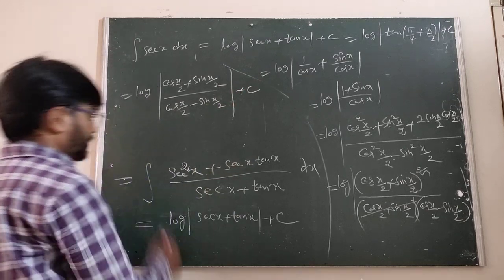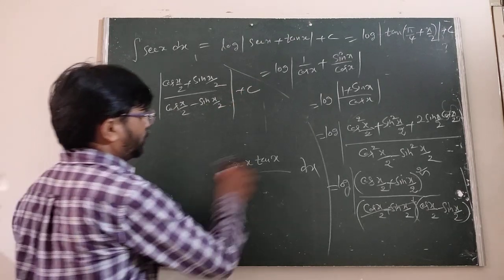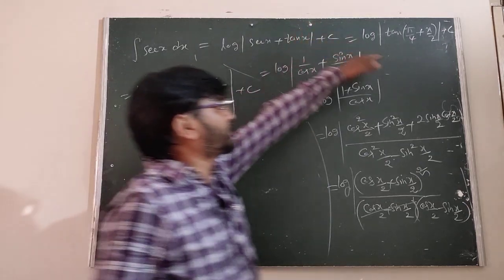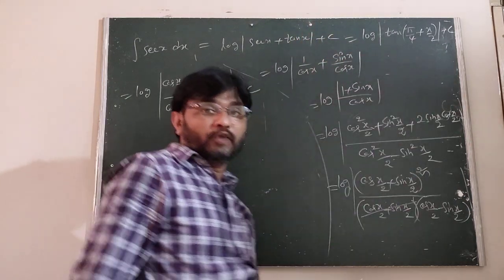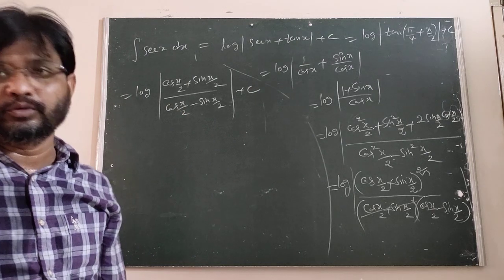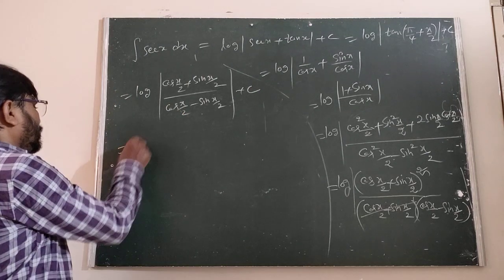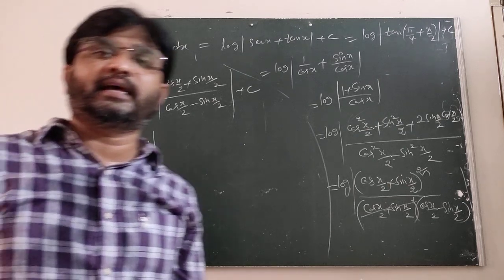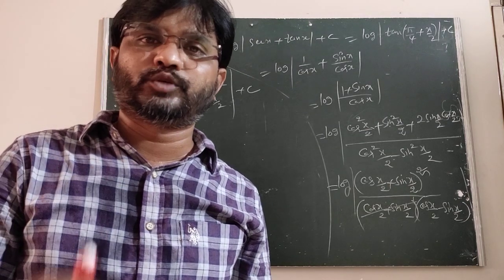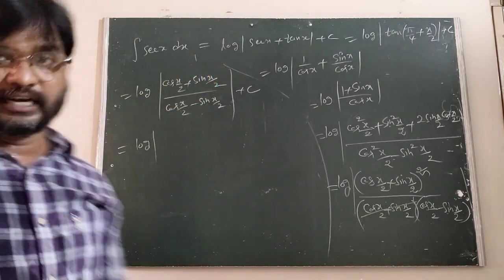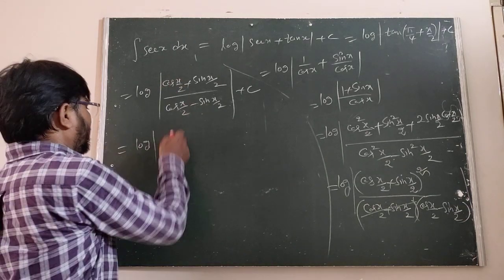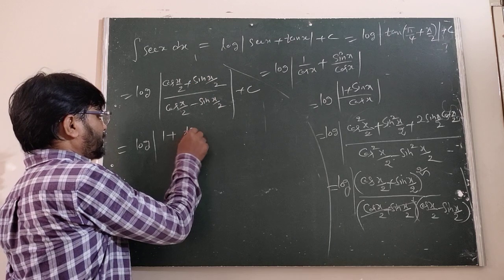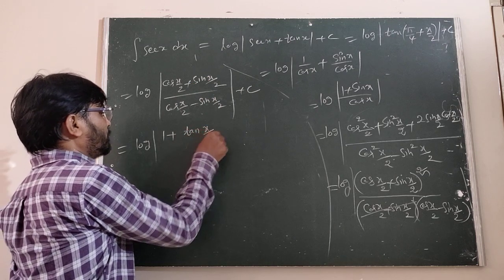This is the remaining. Now here we know that this is the formula of tan of pi by 4 plus x by 2. Both numerator and denominator are divisible by cos x by 2. That means cos x by 2 by cos x by 2 is 1, and sin x by 2 by cos x by 2 is tan of x by 2.